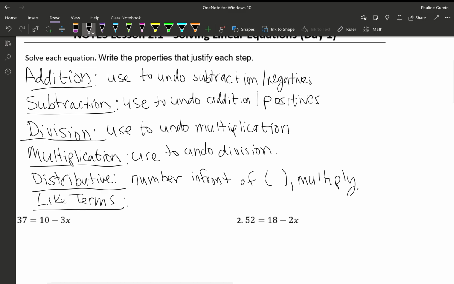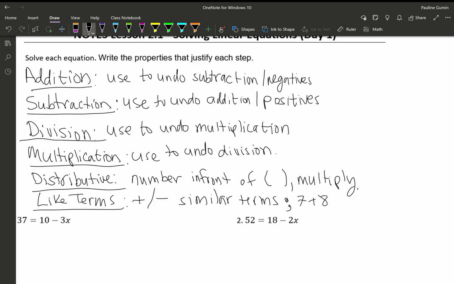And then we also have one thing to remind ourselves, which is like terms, and that's the fact that we can only add and subtract similar terms, which means we can add and subtract regular numbers like 7 and 8, and we can add or subtract things like 8x minus 2x, but we cannot do 8x minus 2. So numbers with numbers, letters with letters, and it's important to also remember that the letters have to be the same. So x's go with x's, y's with y's, z's with z's, etc.